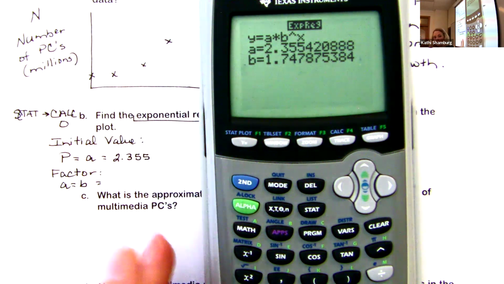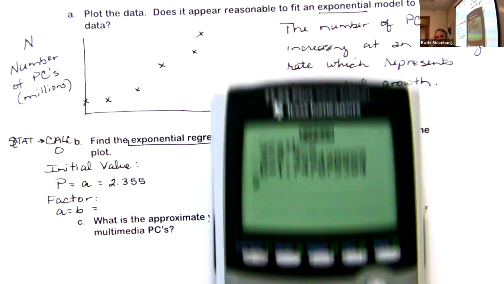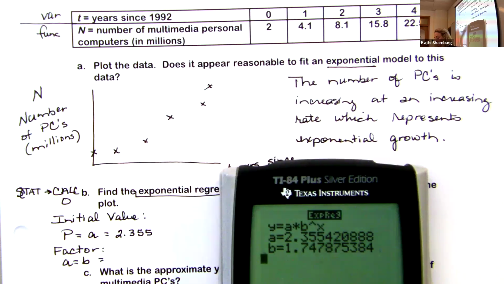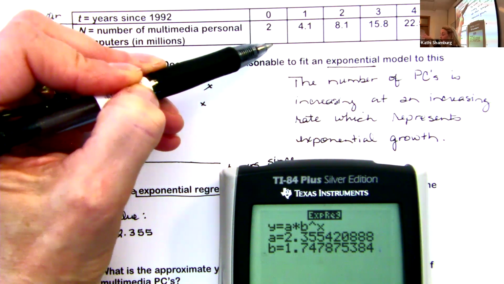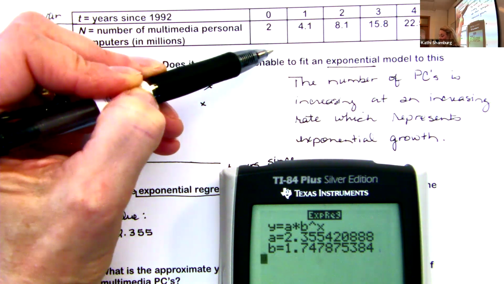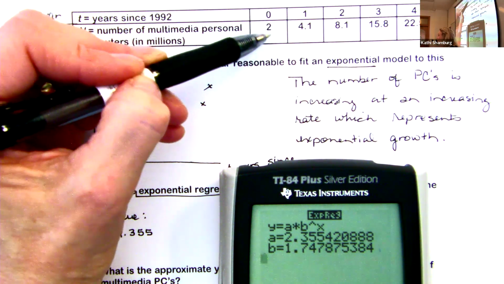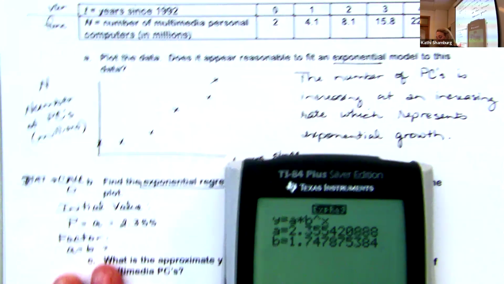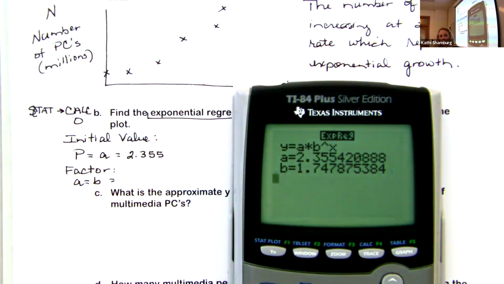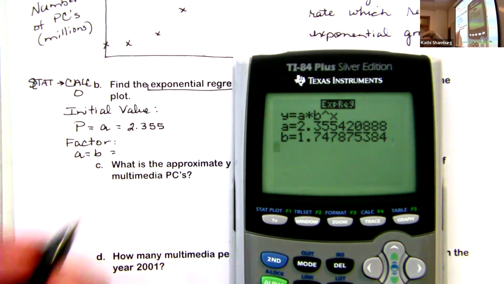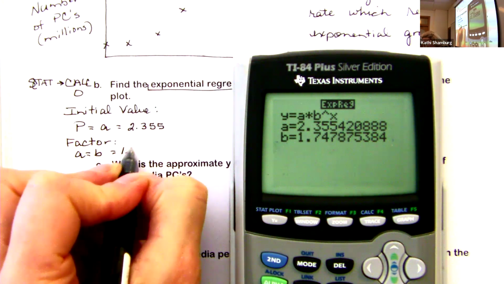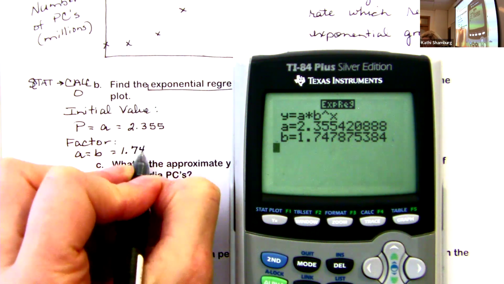So look at your table. It's not going to be exact because we don't have a perfect exponential equation here, but again, it's close. If this had calculated to be 200, we'd be going, oh, wait a minute. And then our factor is 1.748.